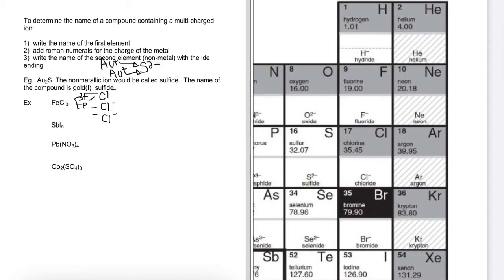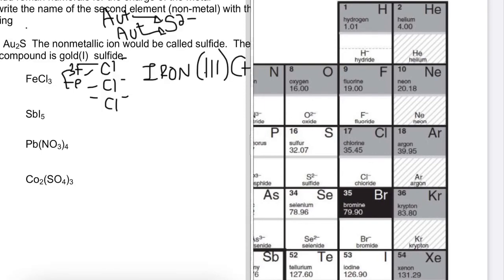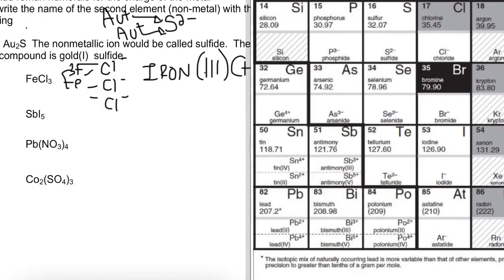When we write that out, we put iron(III) chloride. Perfect.